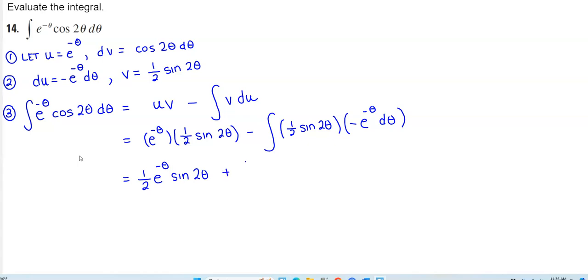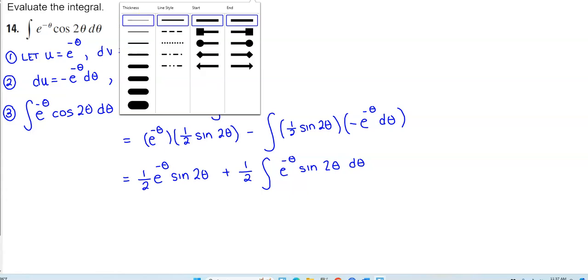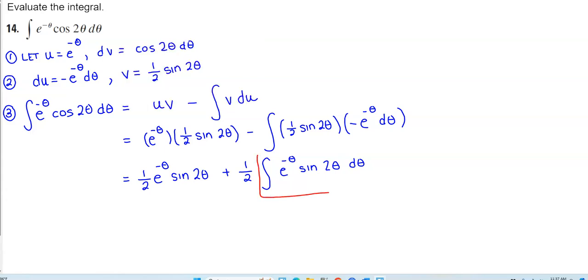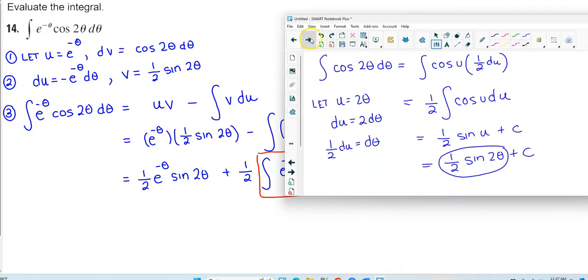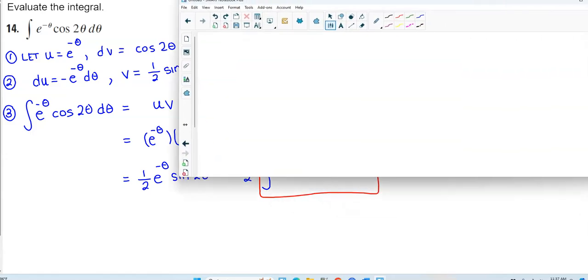That's going to give us plus 1/2 times the integral of e to the negative theta times the sine of 2 theta d theta. So we're going to have to do another integration by parts. Let's go ahead and do that.